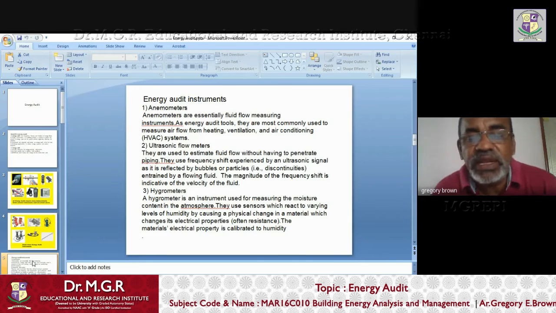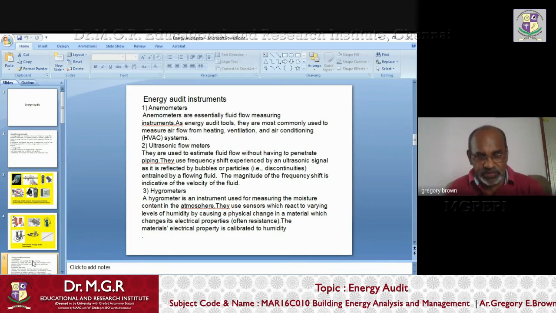The material's electrical property is calibrated to humidity. So this is basically nothing but measuring the moisture content in a particular environment, in a particular atmosphere.